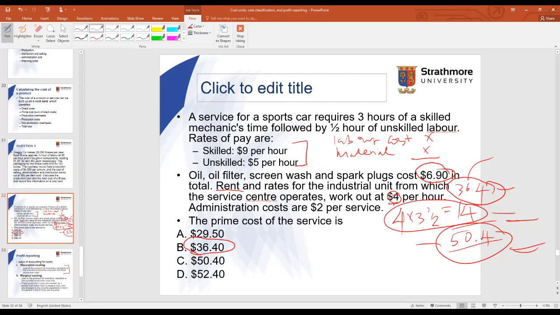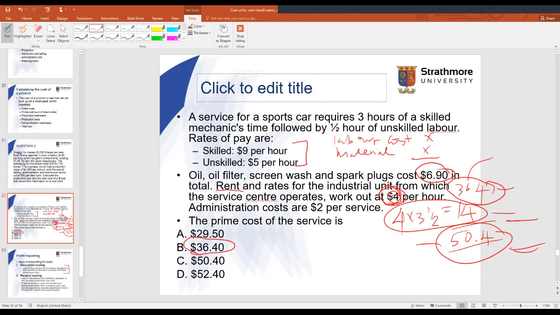Now, in case you're using the absorption costing method, the production overhead costs, which of course are fixed, are going to be absorbed to form part of the product costs. In this case we have rent. The company is paying a rent of $4 per hour, so we absorb the rent into the product based on the hours spent.